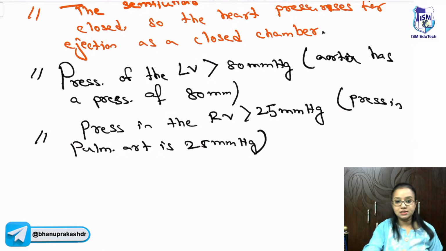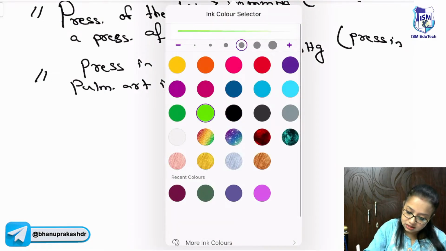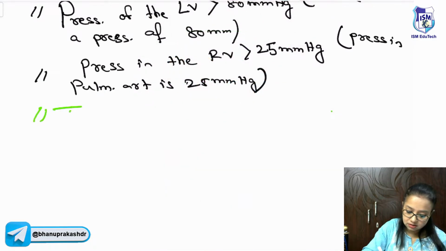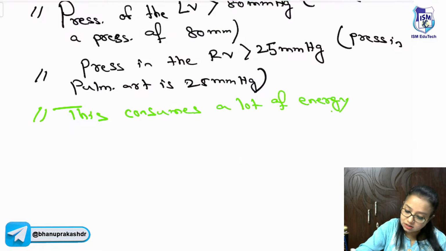So you see, as the ventricle is contracting, pressurizing, the pressure in the right ventricle and left ventricle is becoming more than the aorta and the artery. Now, this consumes a lot of energy in the form of ATP.